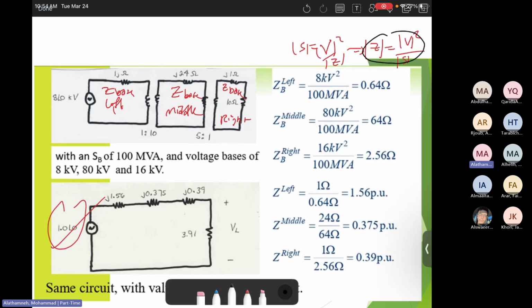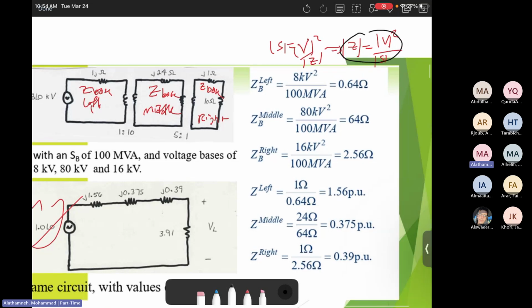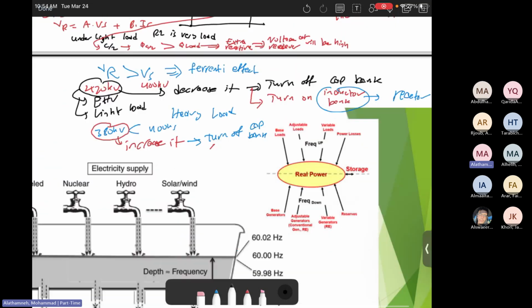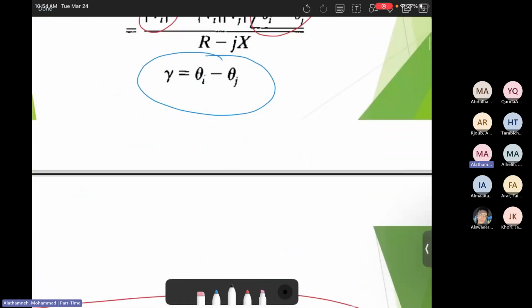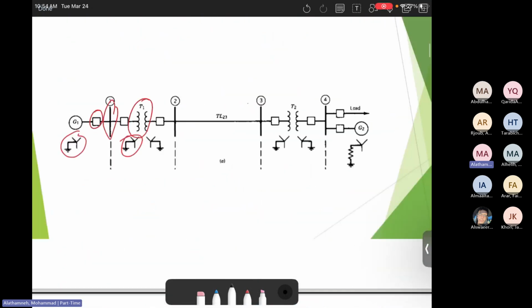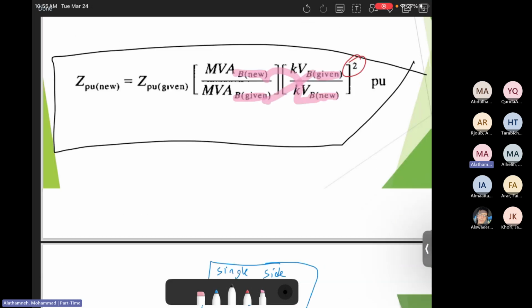Then we apply it for each of left, middle, and right. We get the base value of the first one, the base value of the second one, and the base value of the third one.